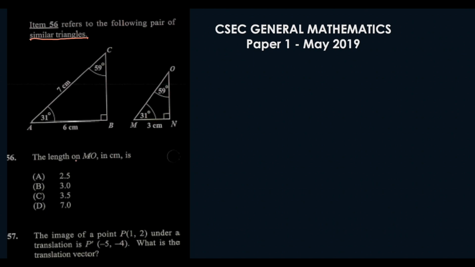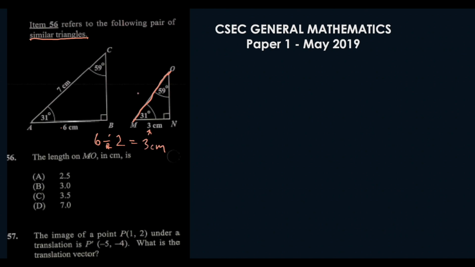Now the thing is, they say they want the length of MO, so MO is right here. So using this concept, I know that here was 6 centimeters and here is 3. So that means that A to B and M to N, if these angles are the same and they are proportional, that means I did 6 divided by 2, which is 3, and got 3 centimeters.